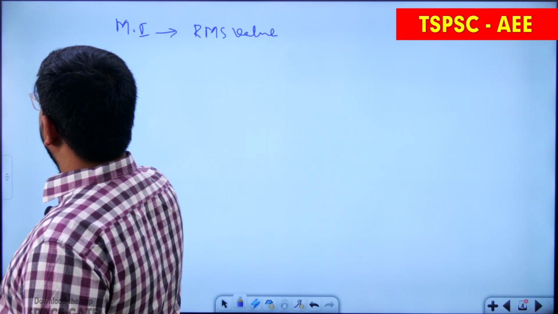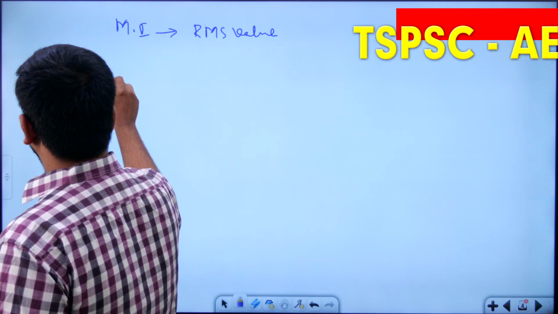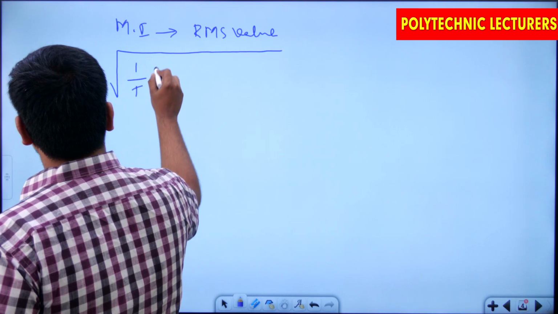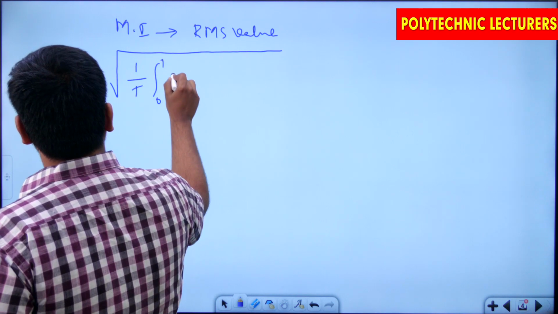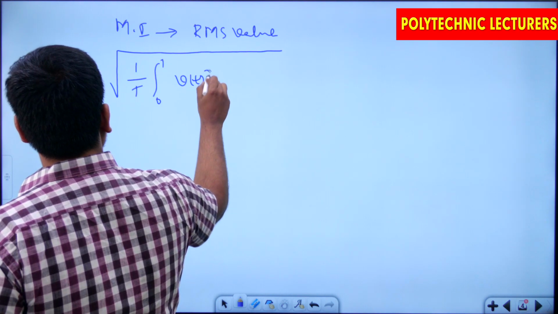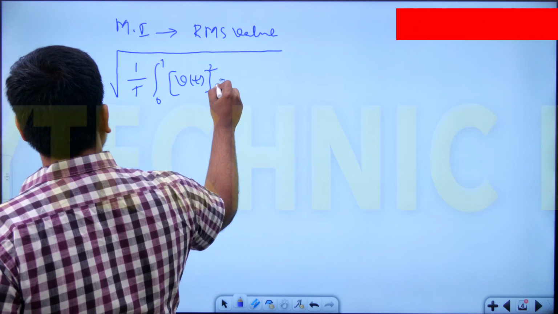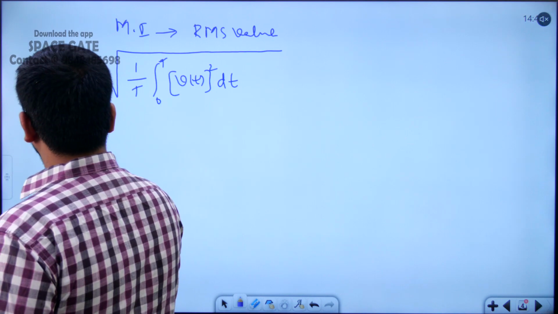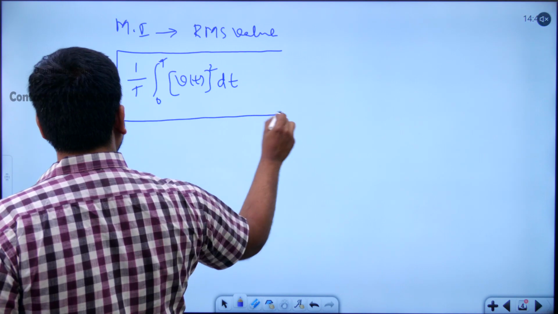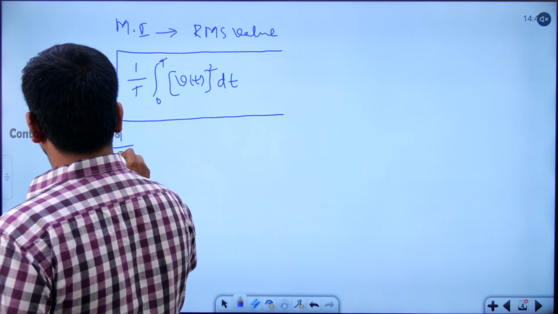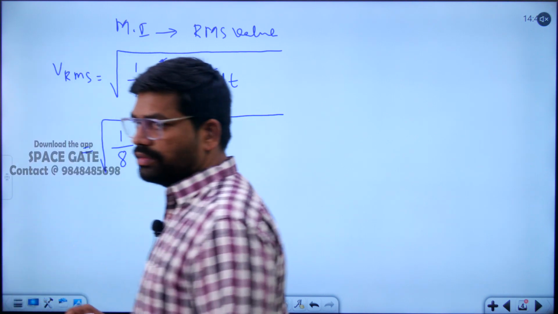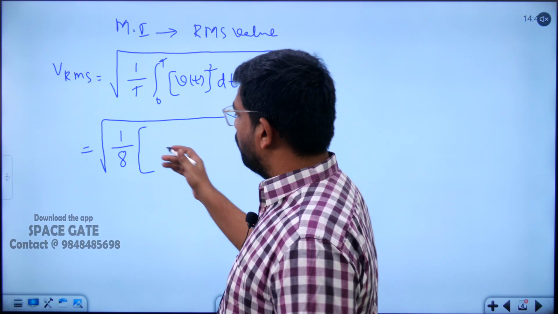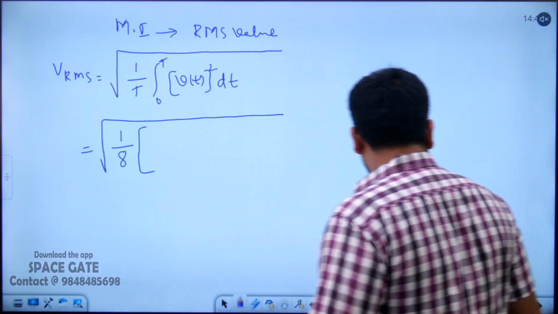For the given voltage, Vrms is equal to root mean square, square root of 1 by total time period, integral 0 to T, V of t whole square dt. This is T, right or not? So what is the total time period we got? That is 8 only. The total time period for the given waveform is 8 milliseconds.